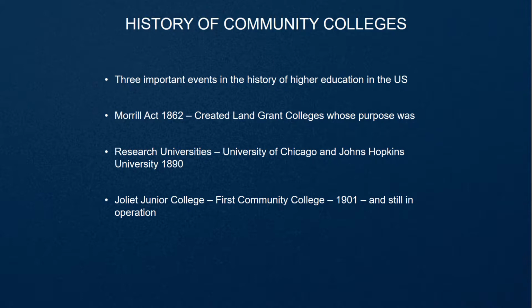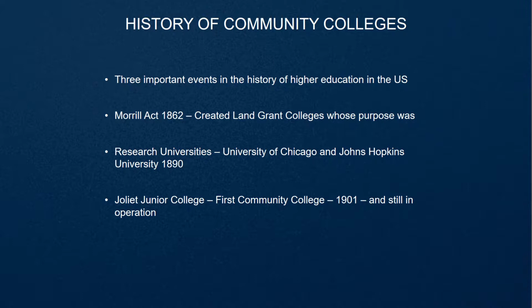William Harper at the University of Chicago felt that the first 2 years of a typical university education could be moved to a less expensive, less time commitment, less travel to campus, and so he created and supported the Joliet Junior College, the first community college in 1901, and that college is still in operation today.